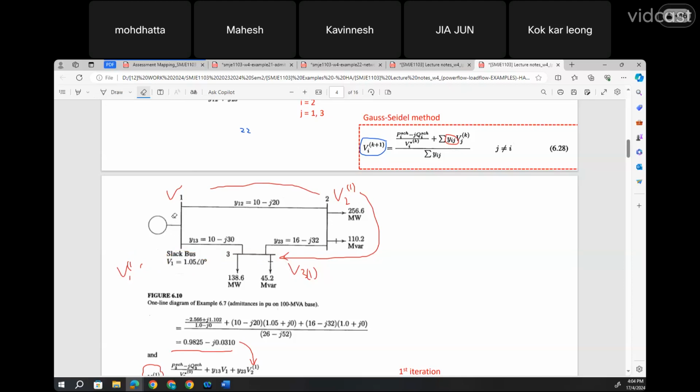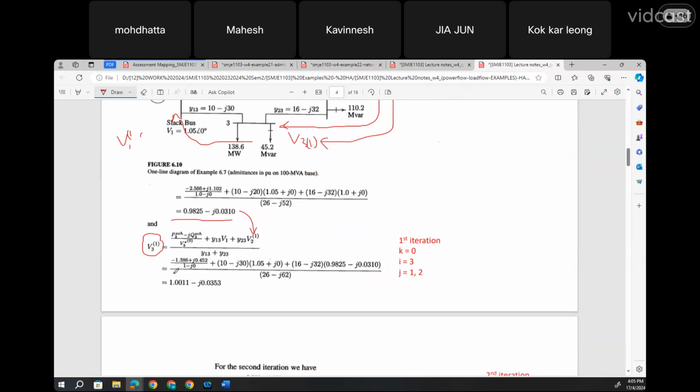First, start with the slack bus, go through the system into V2, find the voltage at another bus connected to V2, and go around the system until you reach back to the slack bus. And you repeat the process iteratively, until the value becomes acceptable or what you desire.